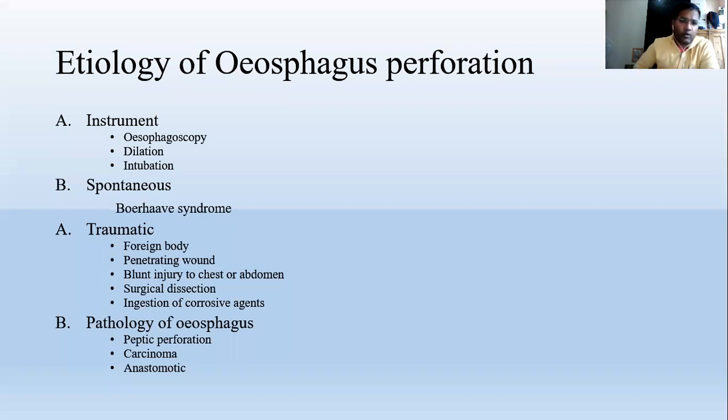During these procedures the esophagus may get injured or ruptured by an unskillful surgeon, and sometimes a skillful surgeon may also cause it. And the spontaneous perforation we already discussed, that is Boerhaave syndrome.